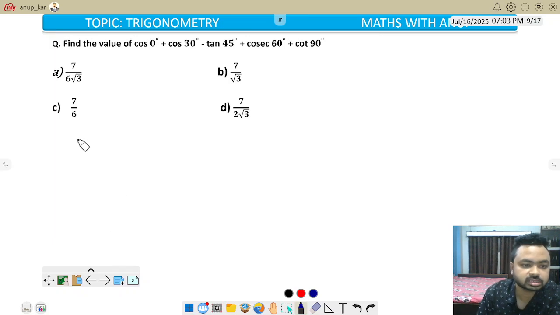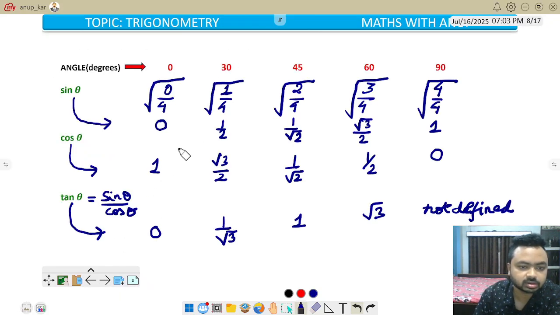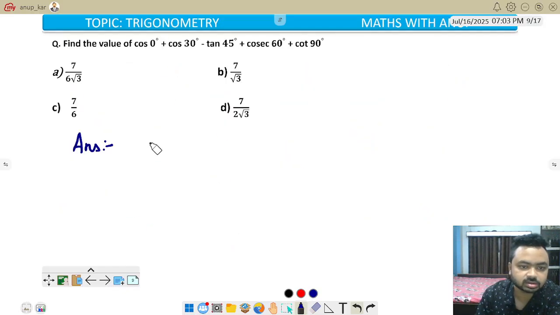So here, cos 0 degree, I am directly writing down the answer. So cos 0 degree is how much? Let's see the table. Cos 0 degree is 1. Cos 30 is how much? Let's again check the table.